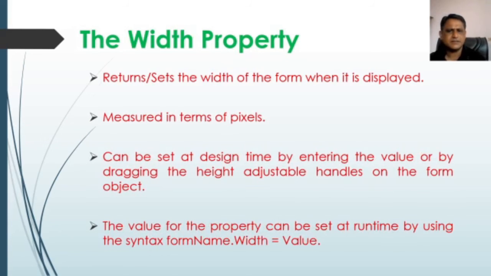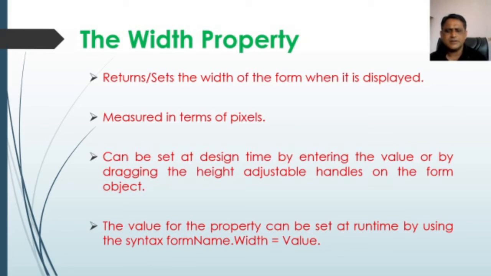So next is the width property. This property returns or sets the width of the form when it is displayed. That is the distance between the left corner to the right corner of the form.